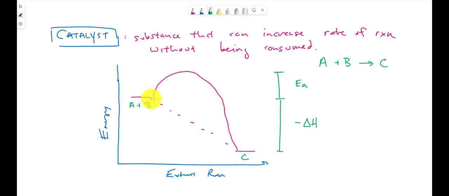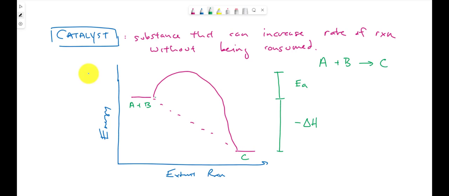So that's energy input to get there, and that depends on how much kinetic energy is in A and B when they collide with each other, which is that idea of collision theory. We said before with the Arrhenius equation, we just crank up the temperature and the kinetic energy of these things increases, the number of collisions increases, and you're likely to surmount that activation energy.